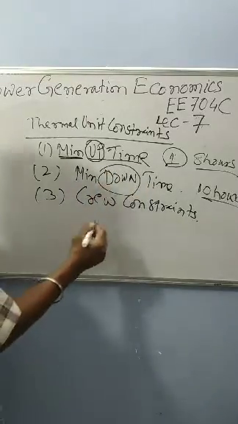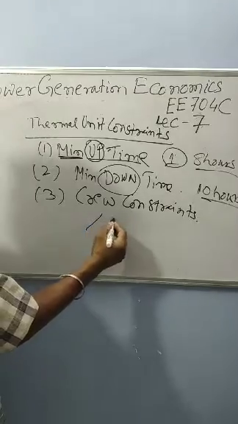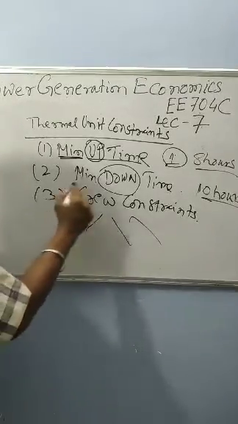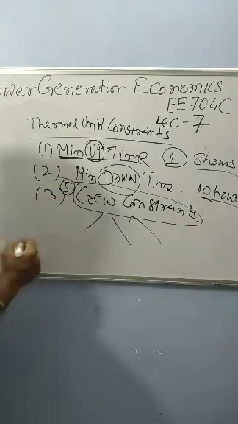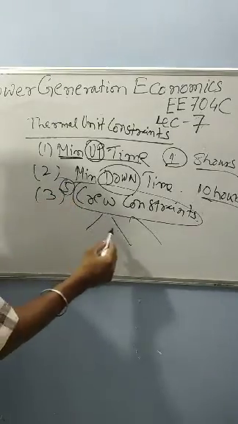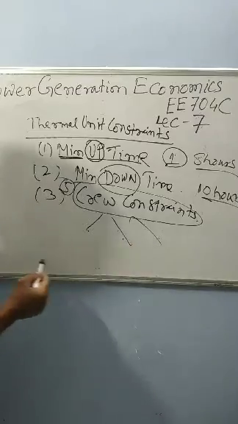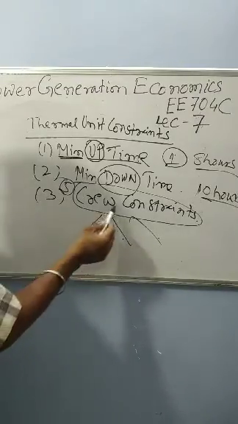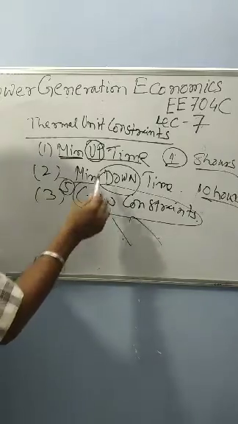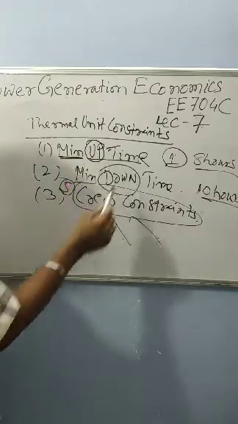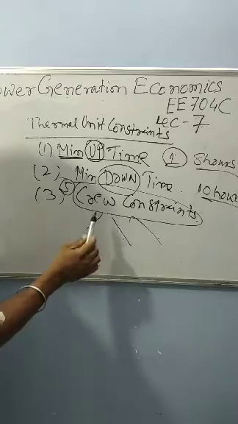Similarly, crew constraints are there. Suppose there are 3 generators and 5 crews. We can't operate all 3 generators at a time, because crews are the persons who will be seeing whether the units are in proper condition or not.